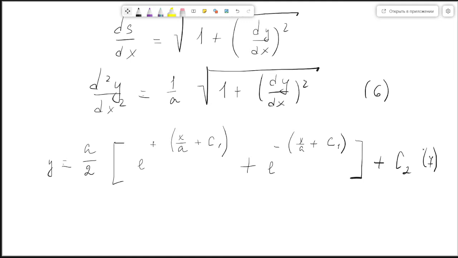This is evident if we put the first and second derivatives of the given function into 6. We shall indicate without proof that this function for different C first and C second exhausts all possible solutions of equation 6.